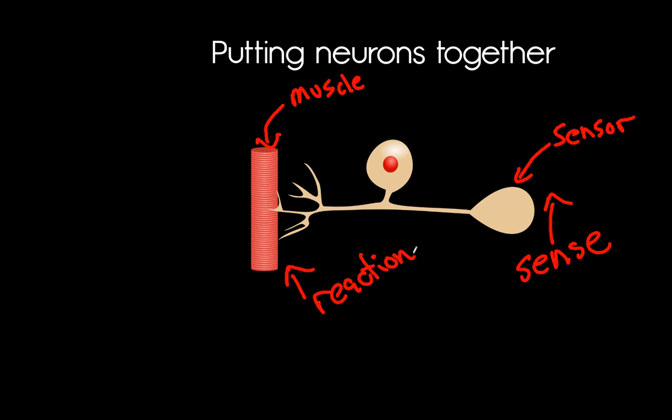But one big thing that we don't get out of this simple kind of arrangement is any sort of sensory integration. If we want some sort of information integration, so that the information coming in from the sensor can be put together with other information, and we can make decisions, so to speak, about that information, we need more than one neuron.